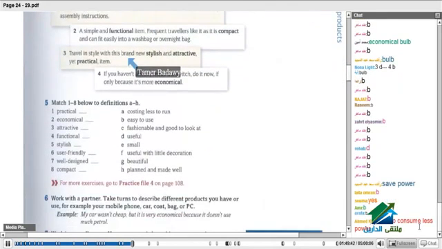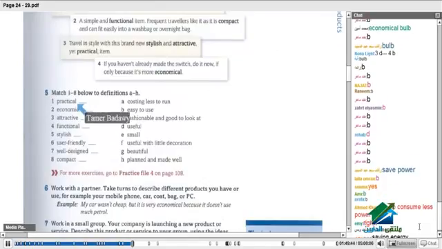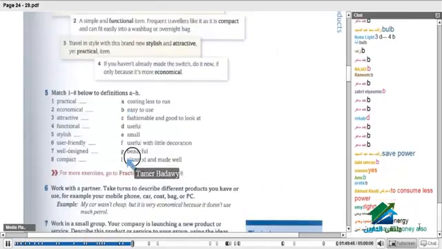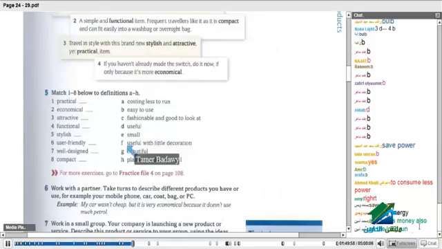Match 1 to 8 to A till H. Exactly. To save energy, you will save money. Exactly. Because energy is everything, actually. So let's do this. Matching 1 to 8 with A to H.